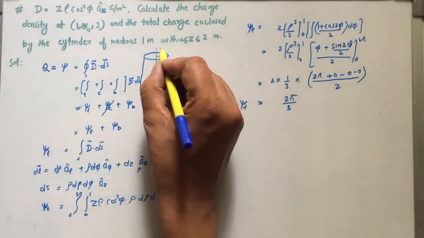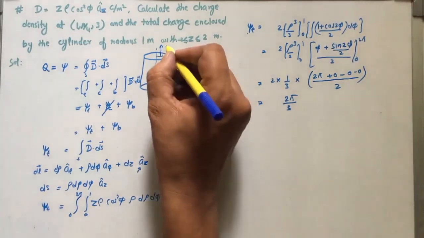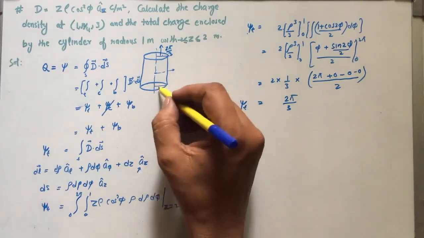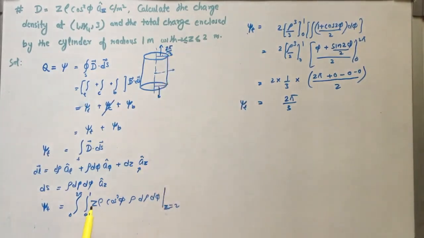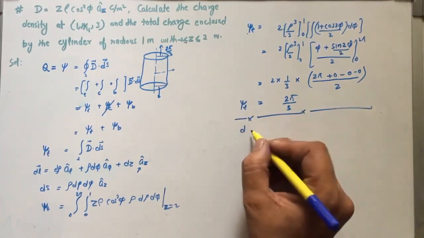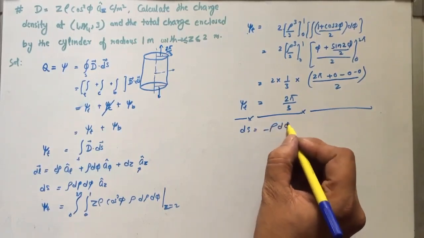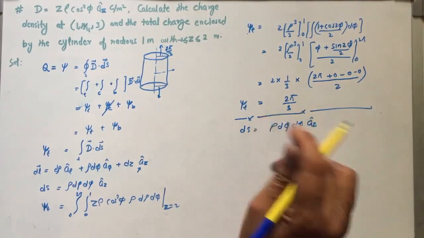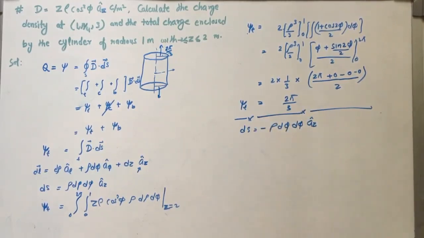Similarly, from the top it is 2 pi by 3. For the bottom surface, dS will be just opposite to this, and dS will be minus rho d phi az, because az will be in the minus direction.